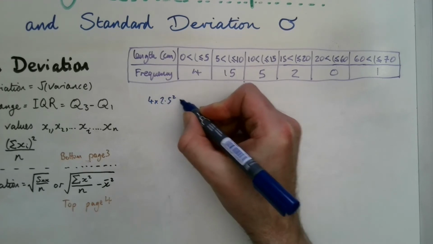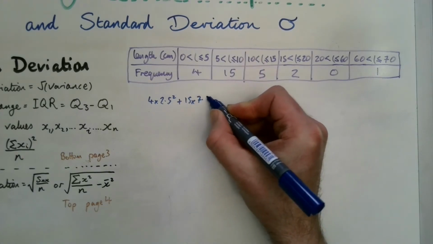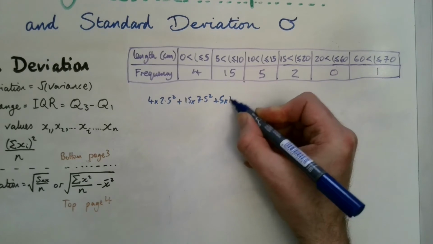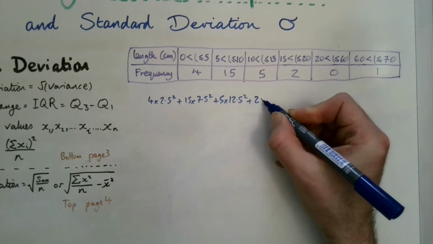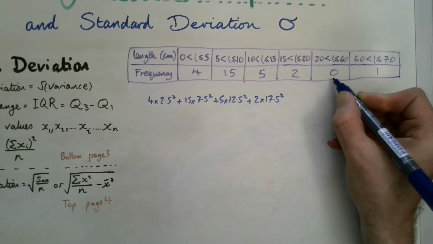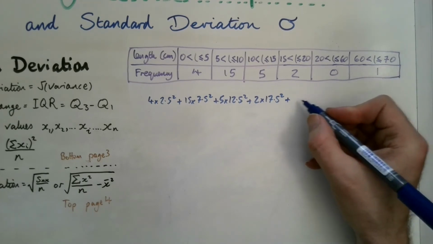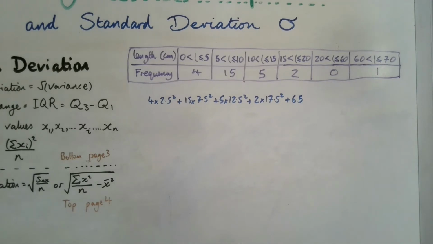So this would be 4 times 2.5 squared, add 15 times 7.5 squared, add 5 times 12.5 squared, add 2 lots of 17.5 squared, nothing for those ones, so I'm just going to ignore that, plus 1 of 65, exactly halfway between those.